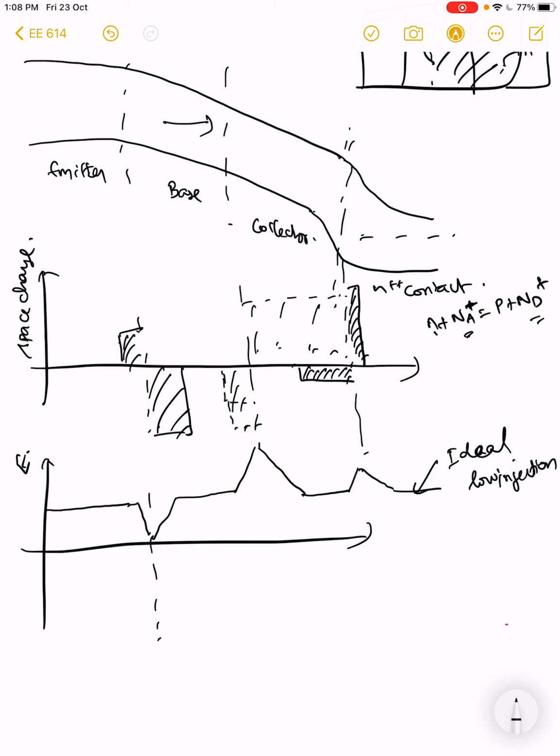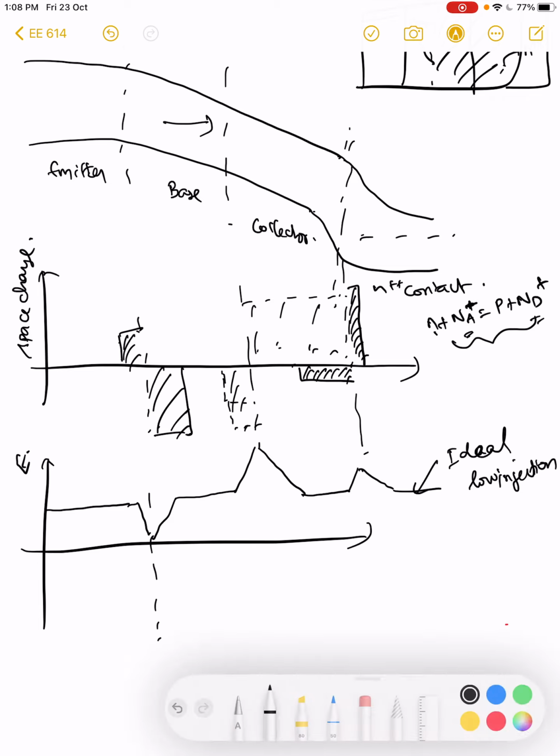But in this very high injection situation, we will see that n is almost equivalent to Na plus and p is almost equal to Nd plus, and hence under these situations you can have zero excess charges in the base collector junction, and hence when the Kirk effect dominates, your actual field will look like this.